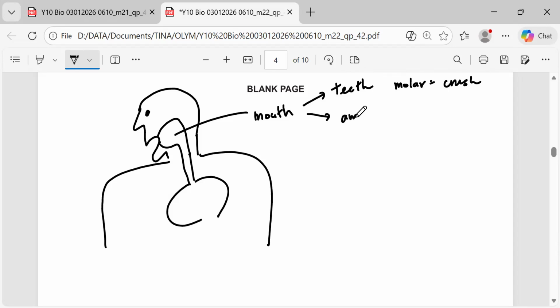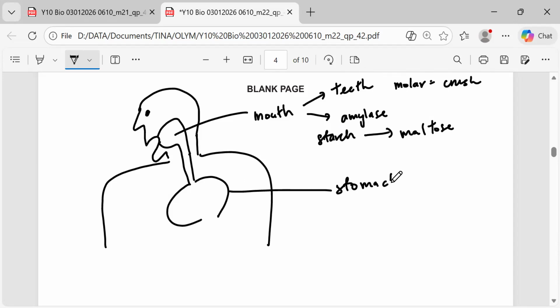Then you have amylase that takes starch and converts it to maltose. After that, peristalsis goes to the stomach. The stomach also has physical digestion where the muscles contract. You cannot just say churning. You must say muscles contract to churn the food. And then you have pepsin.